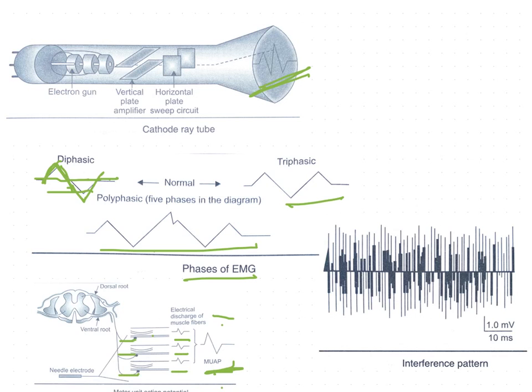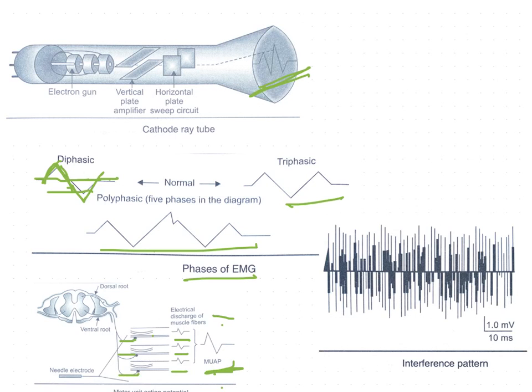At rest, a normal muscle is electrically silent, apart from any occasional nerve discharges, which are particularly noticeable if the needle is near the motor point.